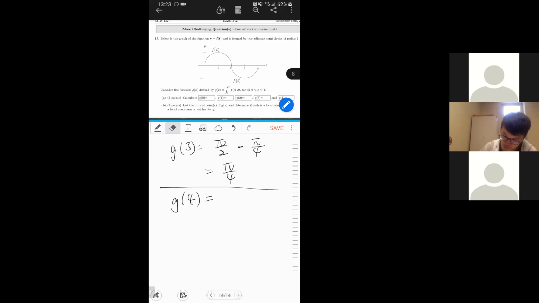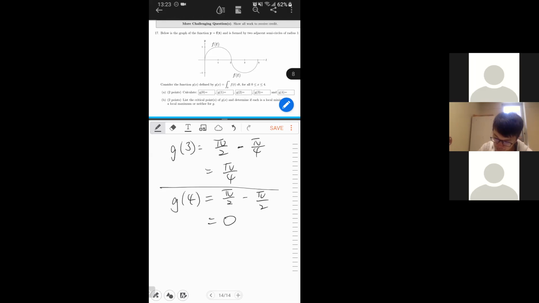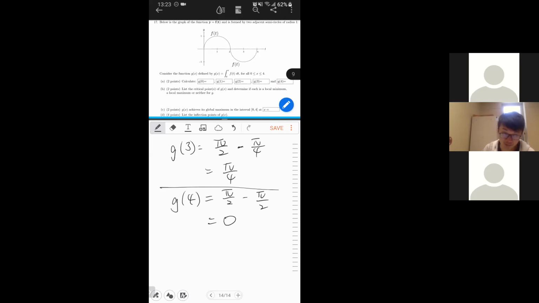For g of 4, you're looking at two semicircles, one above x and one below x. Because they have the same area, which is pi over 2, you do pi over 2 minus pi over 2, which is 0. Questions? Great.